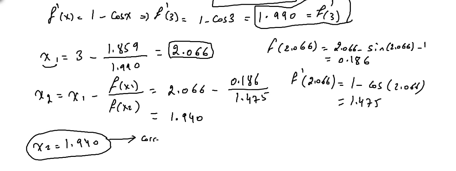It is not the correct root, but I'm nearer than 2.066. If we perform this more than one time, two times, three times, it depends. If he is telling me to the nearest 10 to the power minus 4, this means I'm going to do that four times to reach this. We will see that in another example.